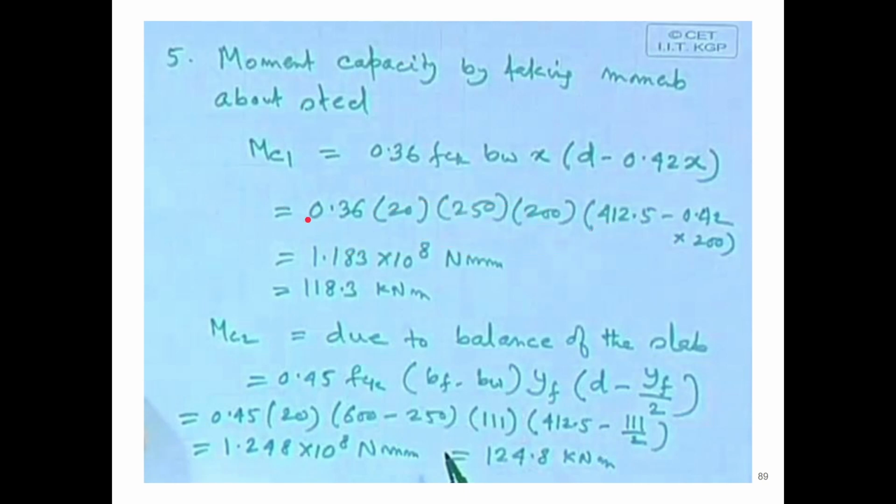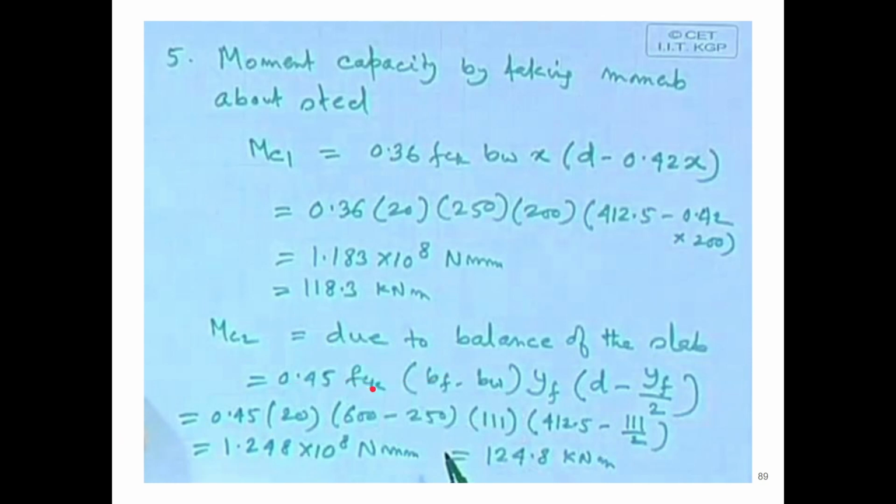It is 0.36 because it behaves as a simple beam. Only the problems come with the slab part, that is the flange part. So Mc1 will be like a beam: 0.36 into 20 into 250 into 200 into 412.5 minus 0.42 into 200, which is 118.3 kilonewton meter.